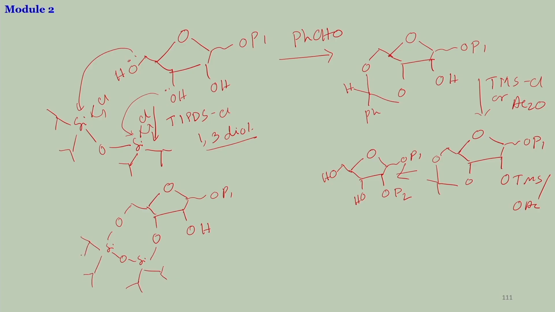This one will be forming, and your OH at the 2 prime position will remain free. And after this, you can do the same protecting group chemistry that you have done here. So it will give you the selective protection as you see. And later on, you can also open this up just by treating it with a slight amount of acid or any fluoride.